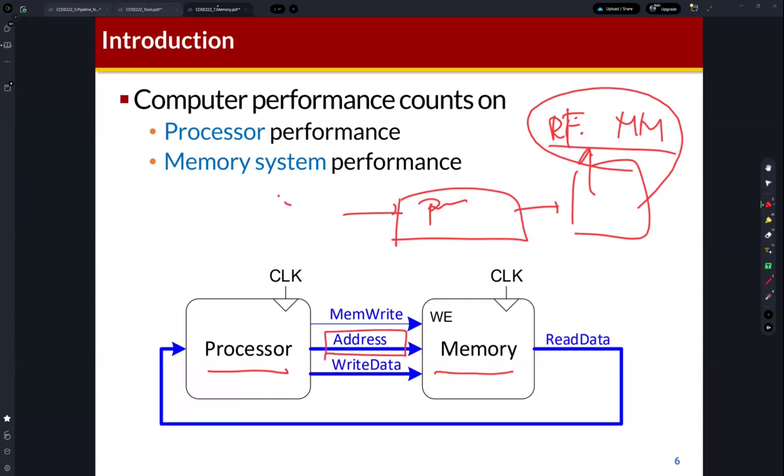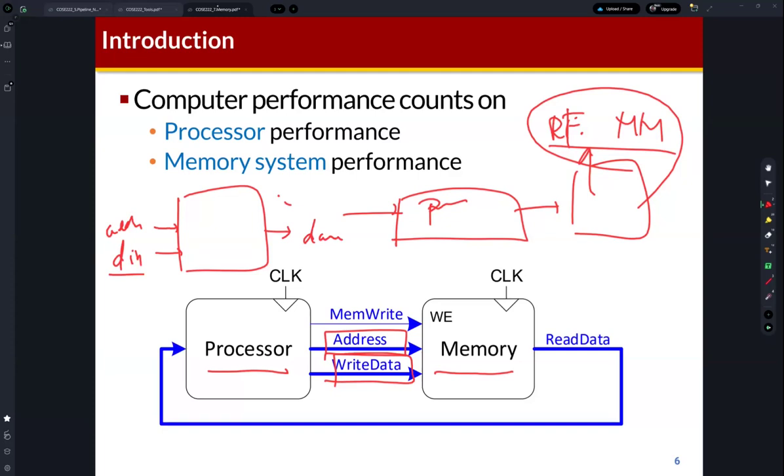Addresses. Then in order to write data, write data is required. We already implemented the data memory, so what ports are required? We implemented the address port, the data in, and the data out.